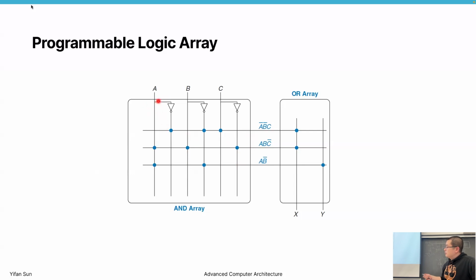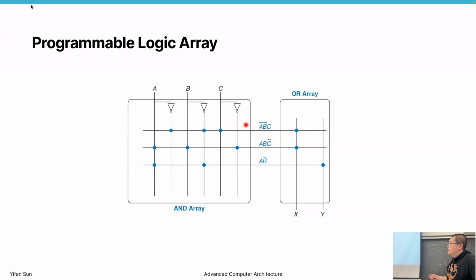We provide the NOT value, right? And this line serves as an AND array. Don't really think too much about how it's implemented. I will have an example later of how it's implemented. But here, just consider if it's selected, then it's in this Boolean equation. So not A is selected, not B is selected, C is selected.